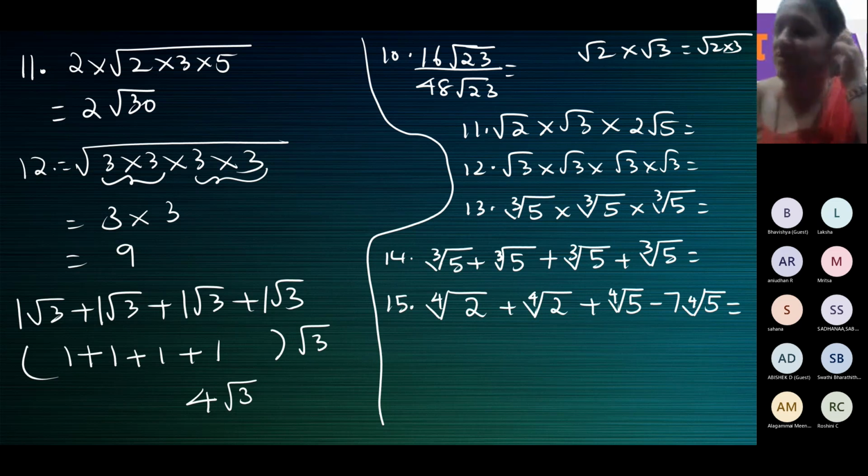Like x plus x plus x plus x is 4x. So do not get confused. When you're adding or subtracting, it's like taking out that root 3 common, and you will add or subtract only that numerical coefficient, that number.